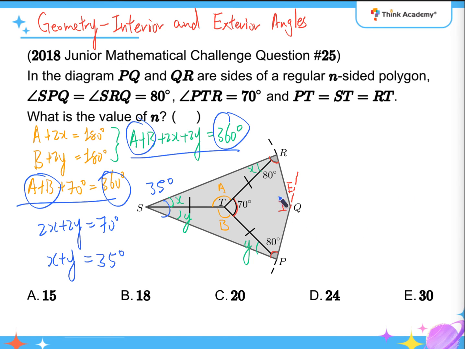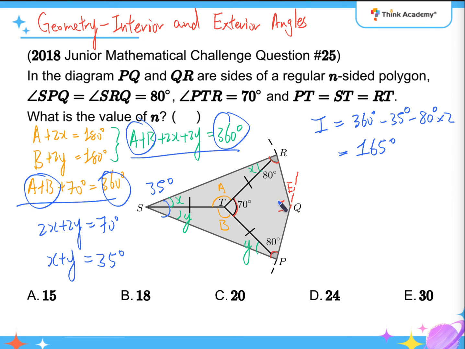Now, of course, I can find the interior angle. The interior angle is going to be 360 degrees, which is the sum of interior angles of a quadrilateral, take away 35 degrees, take away 80 degrees times 2. And that's going to give us 165 degrees.